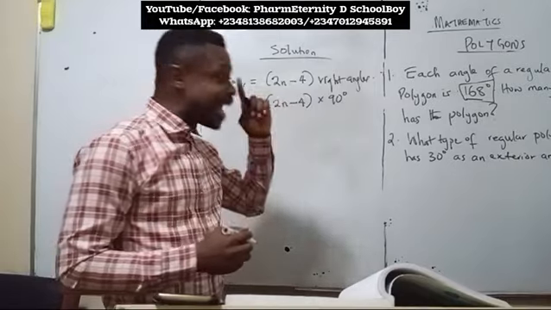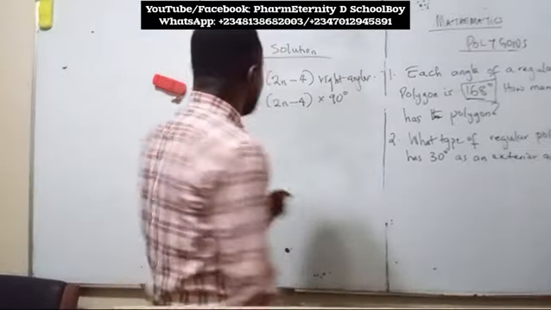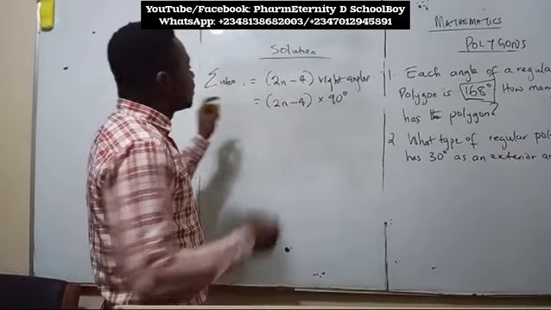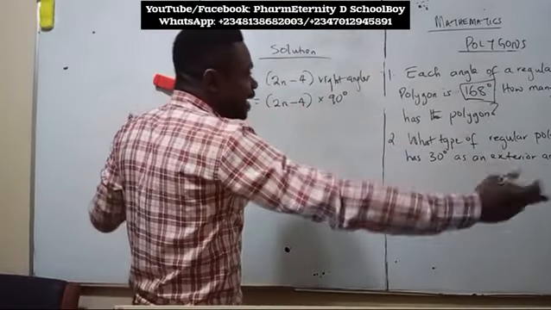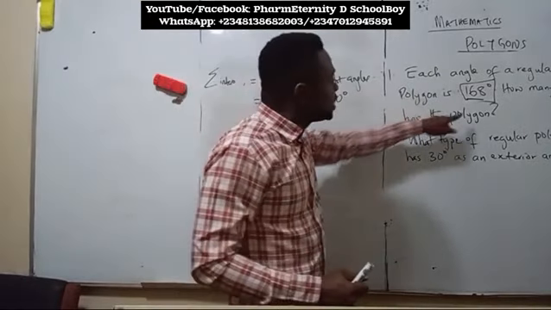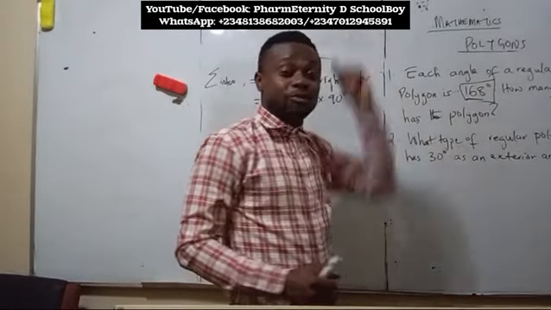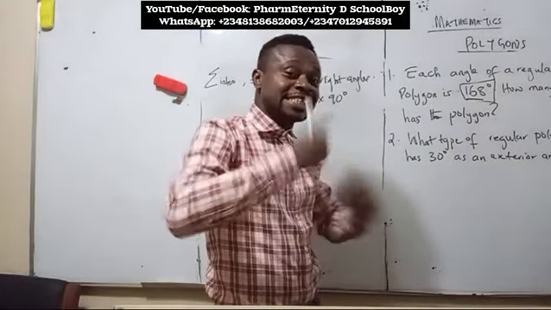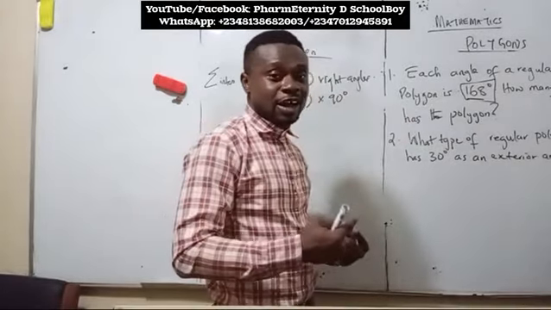But we have n sides. We don't know the number of sides. Now, what we now do is this. Because these angles are equal, we'll do 168 times the number they are, which we don't know.